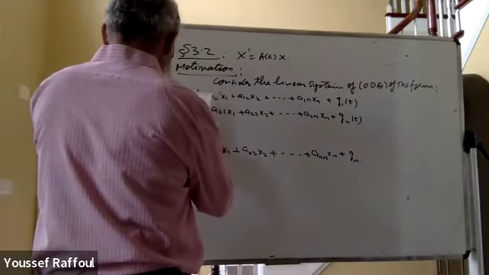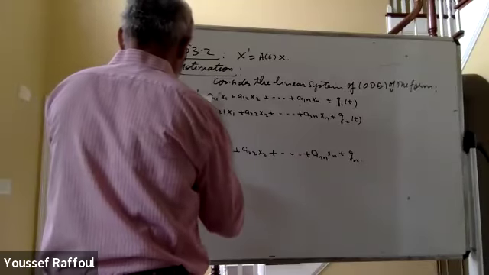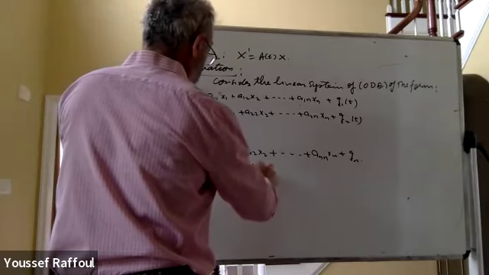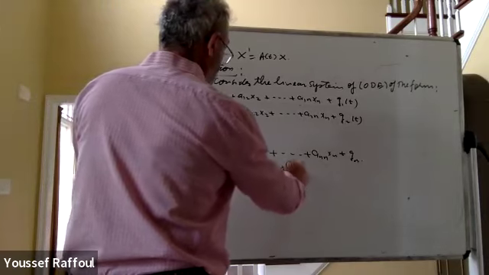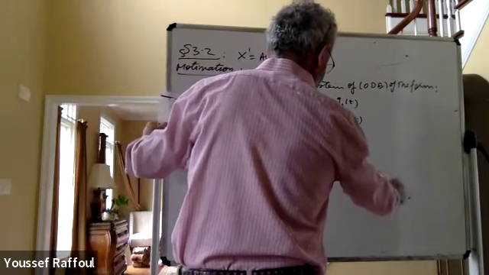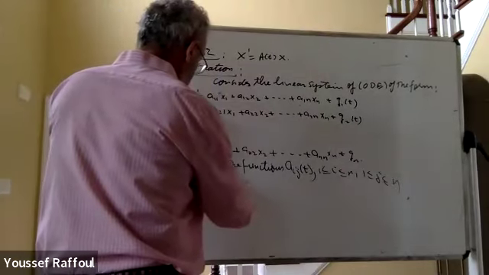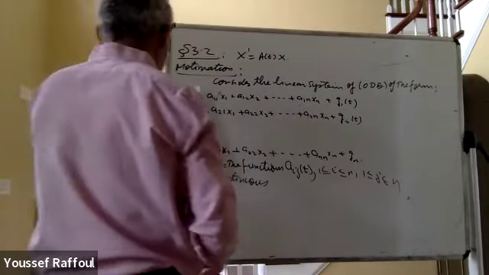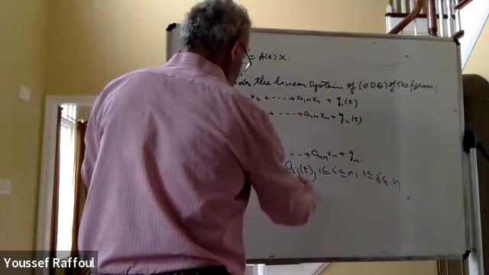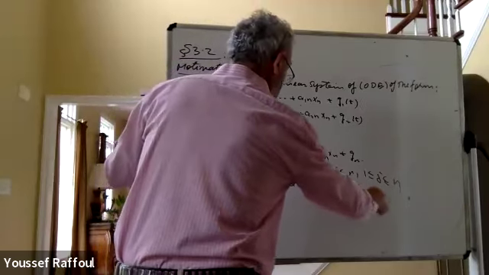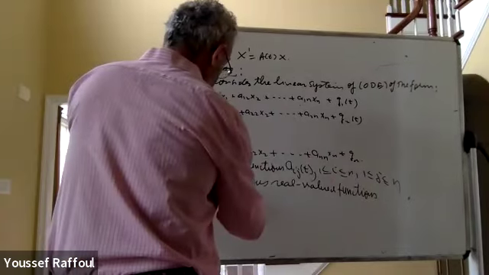So we have where the functions aij of t, for 1 less or equal to i less or equal to n, 1 less or equal to j less or equal to n, are continuous and real valued functions on some interval I.